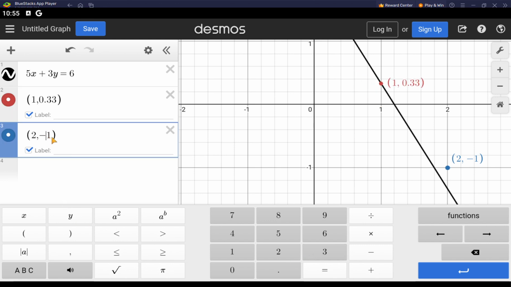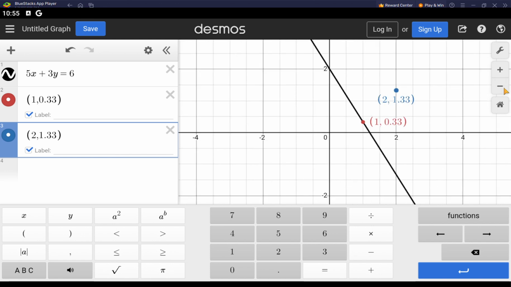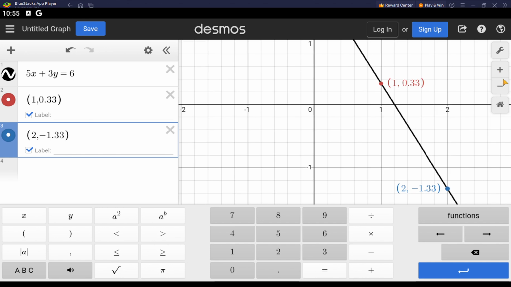And 2 and 4/3, or 1.33 in decimal. Oh, I forgot the negative sign. Sorry, class. Negative sign. And there we have it. We can see that our coordinates coincide with our equation of the line.